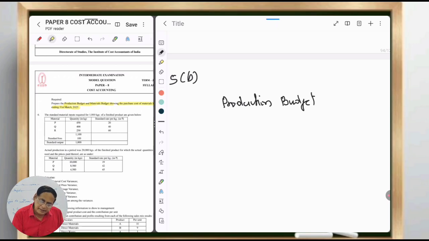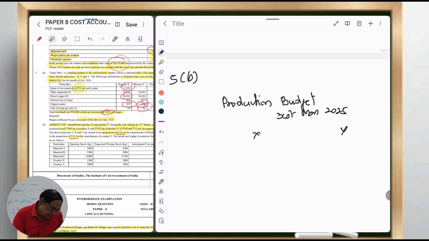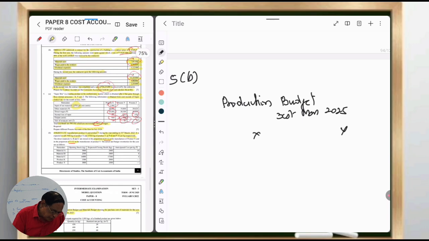Production budget for the year ended 31st March 2025, for product X and product Y. Actually, please see once again what is given in the question. 7,500 kg of the product and 37,500 kg of the product are going to be sold.